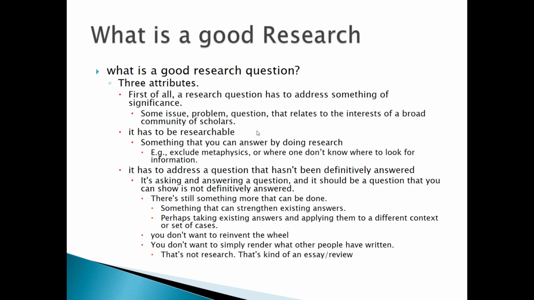So these are three major resources that you may use to know whether the topic you are actually interested in is a topic of significance for that specific community or not.